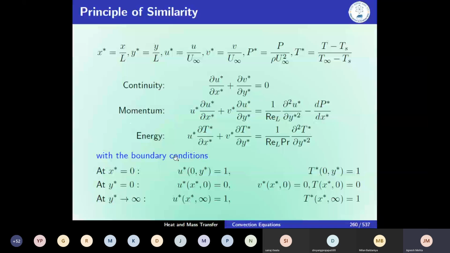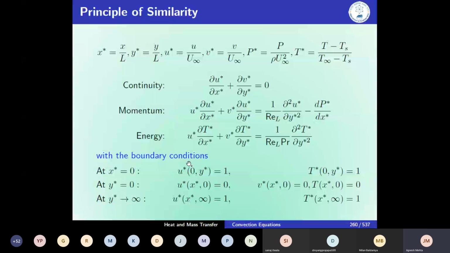Then the boundary conditions, what was talked about in the previous slide. If you just divide that x by L, you can say at x equal to 0, meaning x upon L equal to 0, so x star equal to 0. So the same boundary conditions are expressed in non-dimensional form.